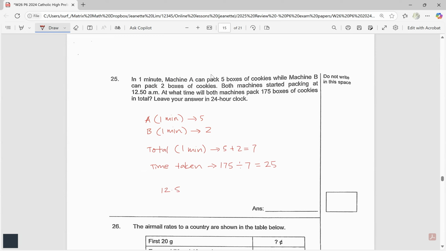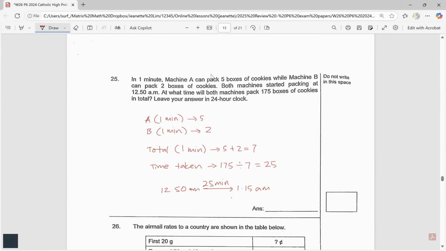So since they started at 12:50 a.m., let's do a timeline. 25 minutes later, it will be 1:15 a.m. Okay, 12 a.m. is midnight. And in 24-hour clock, 12 a.m. is 0000.